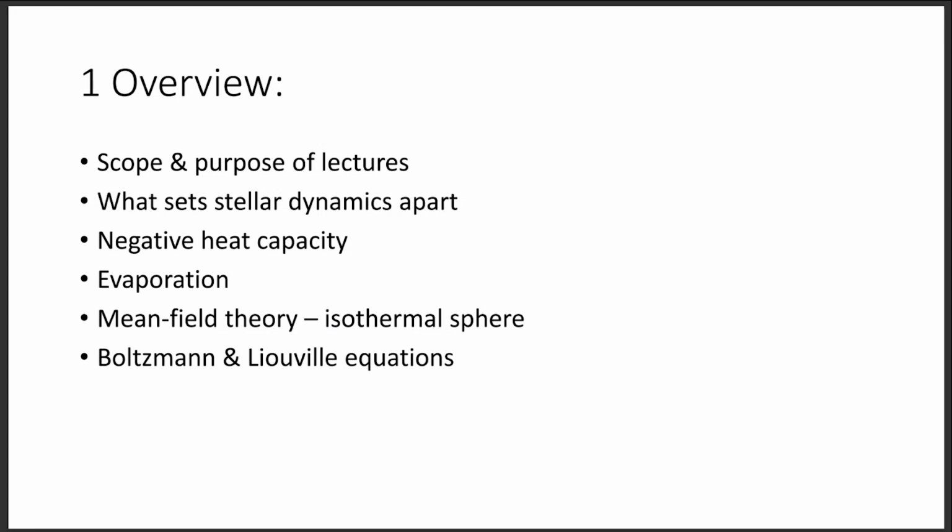One of those is negative heat capacity. I'll talk about negative heat capacity, evaporation, and then begin work on a theme which will keep us busy for the next couple of days, what I call mean field theory, that's equilibrium models, by talking about the isothermal sphere, which is a very interesting equilibrium model in stellar dynamics.